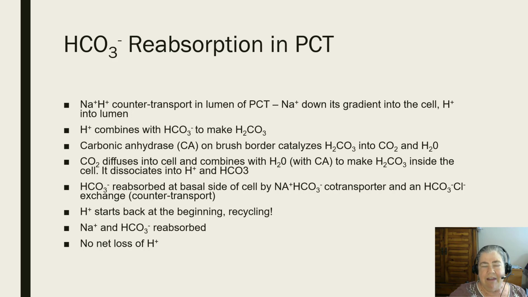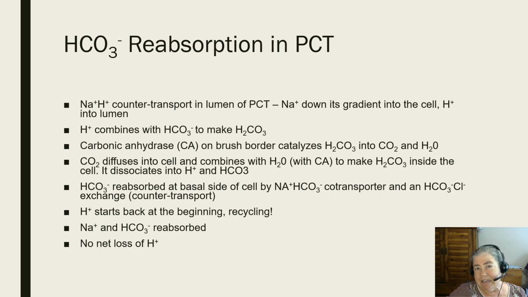The hydrogen ion moves out of the cell into the lumen as a sodium ion goes down its concentration gradient into the cell. The hydrogen ion combines with bicarb. The carbonic anhydrase separates it into CO2 and water. The CO2 diffuses into the cell where it recombines with water and dissociates into a hydrogen ion and bicarb.